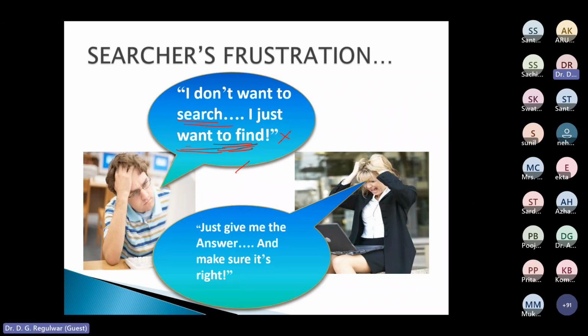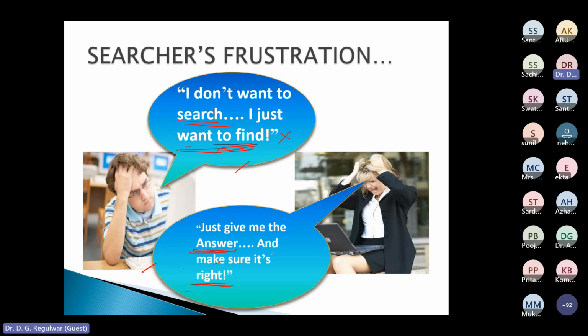One more frustration is like, just give me the answer and make sure that it is right. Both things are not possible. You cannot get the answer directly in research, because you have to see so many trials, you have to work, and at the end you have to decide that yes, this is what the solution is.